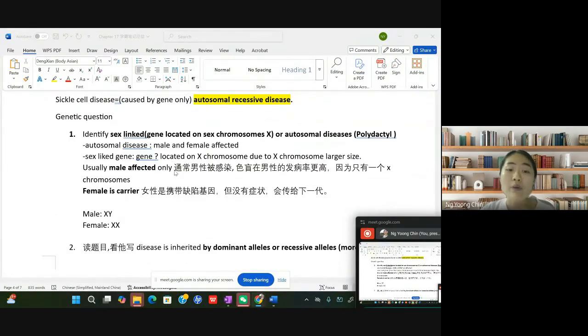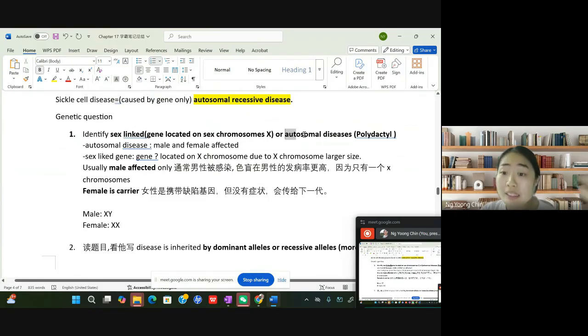You can identify it by reading the question. If the question talks about males being affected and females being carriers, then the question might be about a sex-linked disease.